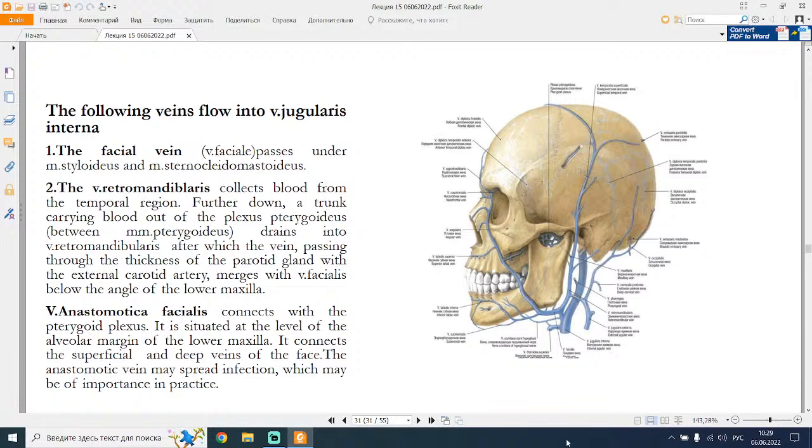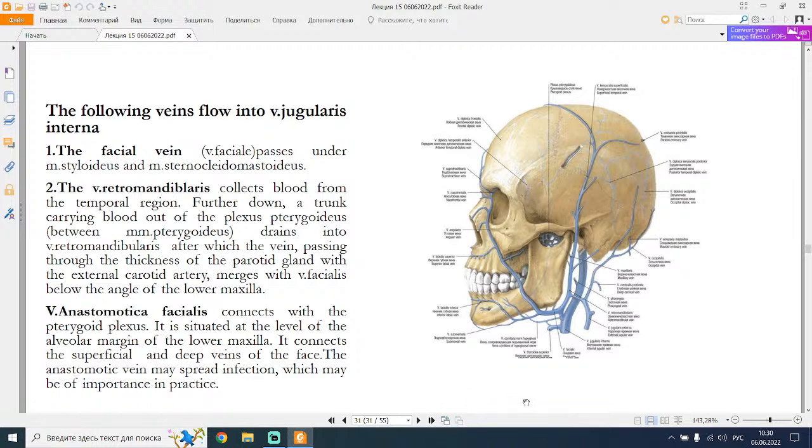Further down, a trunk carries blood out of the plexus pterygoideus between the musculus pterygoideus and drains into the vena retromandibularis, after which the vein, passing through the thickness of the parotid gland with the external carotid artery, merges with the vena facialis below the angle of the lower maxilla.